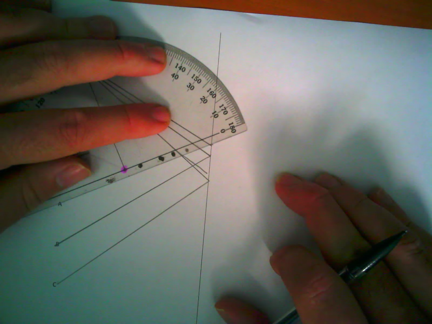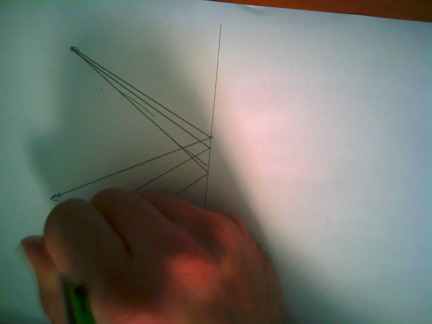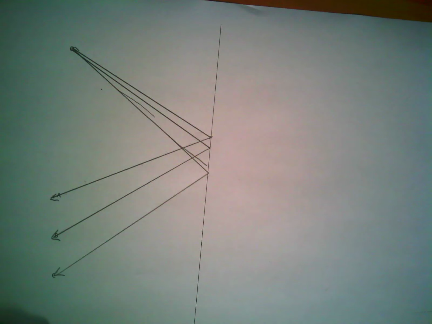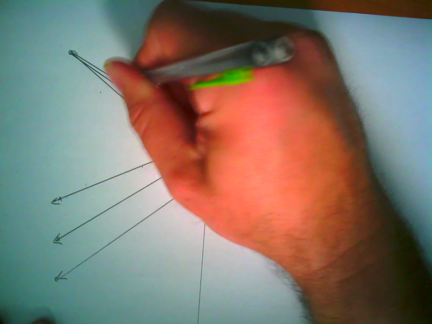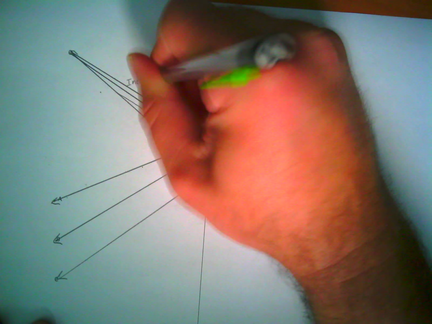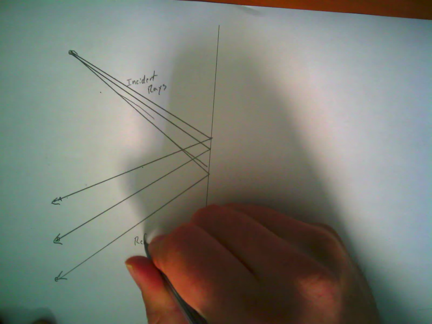That's the incident point, by the way. And then a line from there to A. I'm going to put arrows on the end of these because this is the way the light is moving. I'm going to go ahead and label these are my incident rays, and these are my reflected rays.